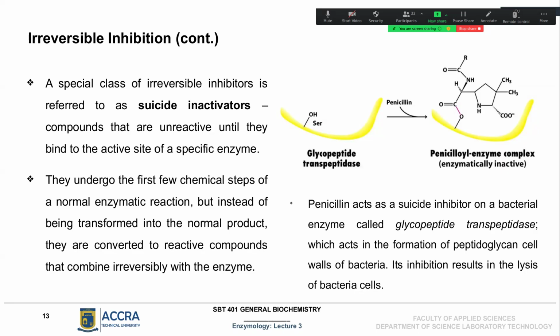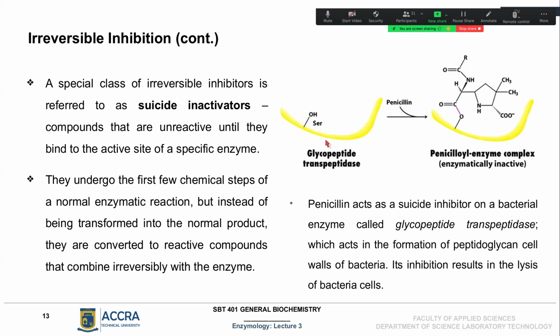Even when we started this semester, we saw that structure of N-acetylglucosamine and N-acetyl muramic acid binding together, having that polymerization to give you the cell wall of bacteria being peptidoglycan.